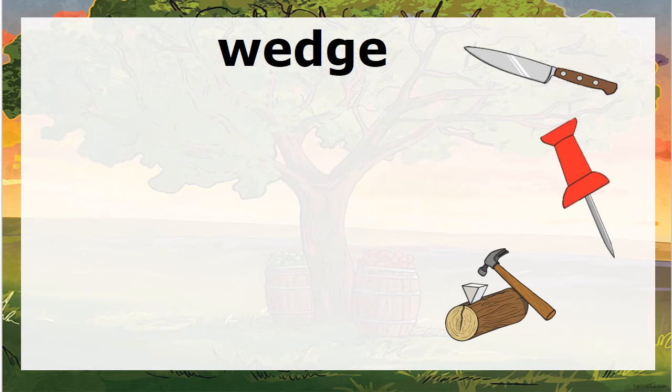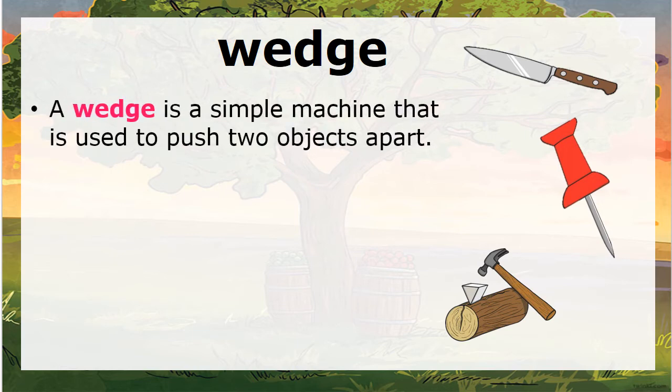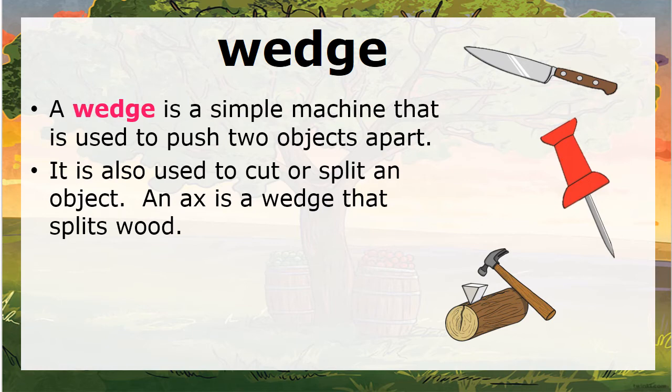Now, let's talk about the wedge. A wedge is a simple machine that is used to push two objects apart. It is also used to cut or split an object. An axe is a wedge that splits wood.